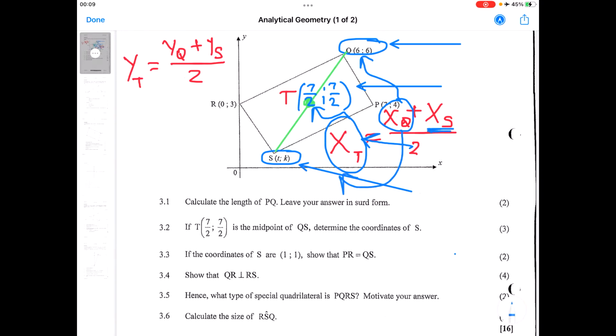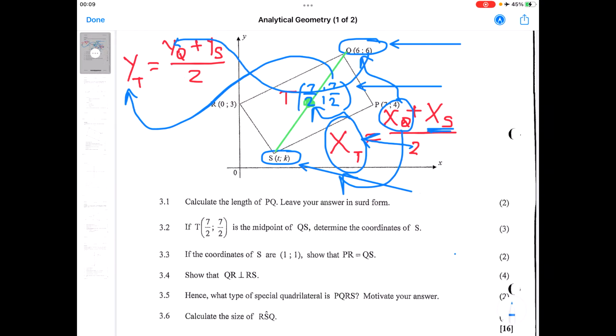You do the same here. What is the y value for the middle point? Obviously, the y value there is that one. And now, what is the y value of Q? The y value of that point is obviously 6.